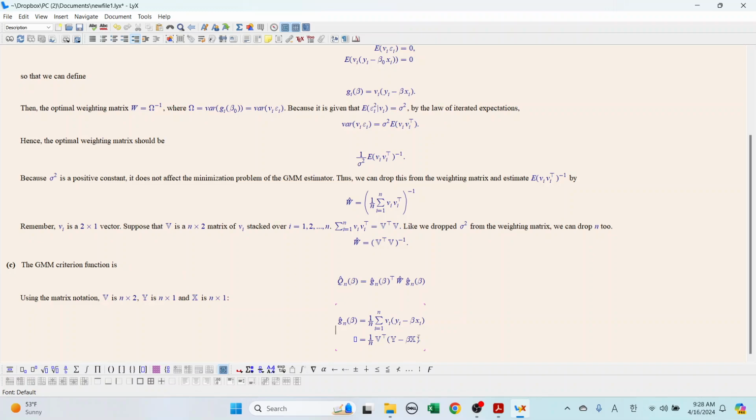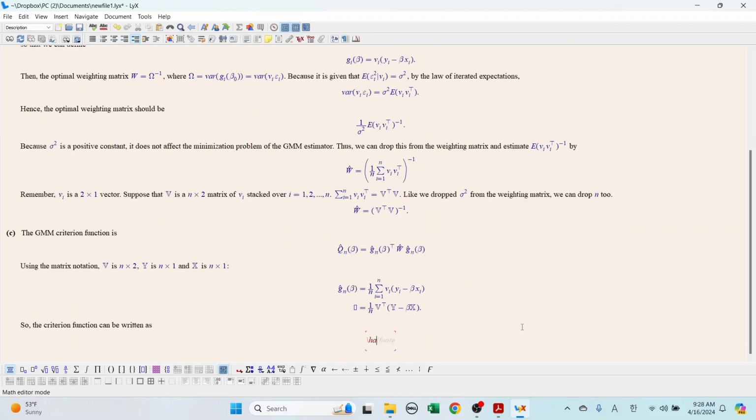So you may write it this way, right? So the criterion function can be written like this. By the way, it is transposed here, so I will change the order, not a big problem, by V.